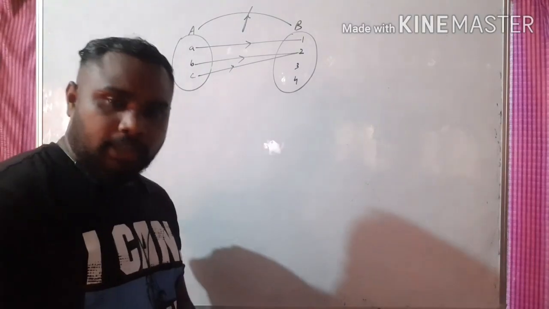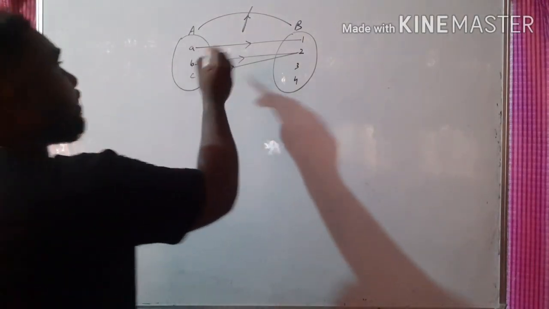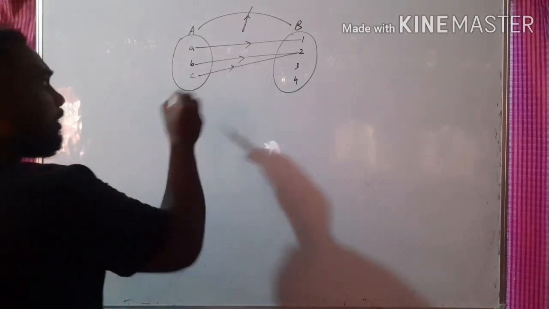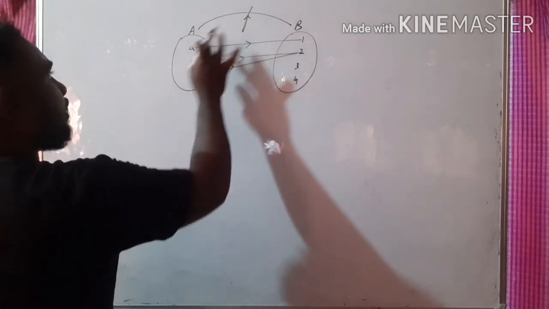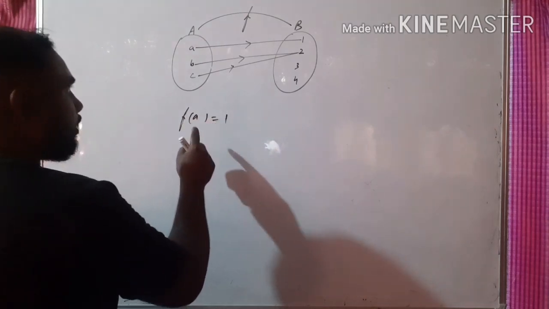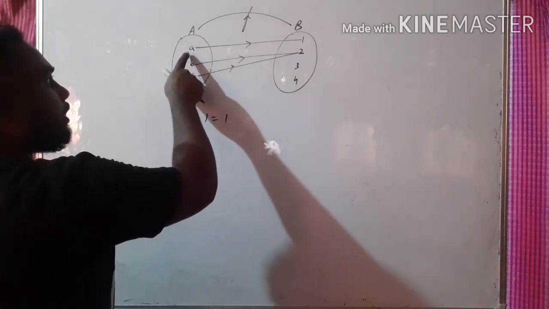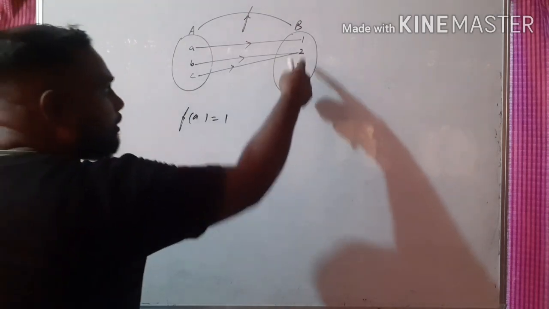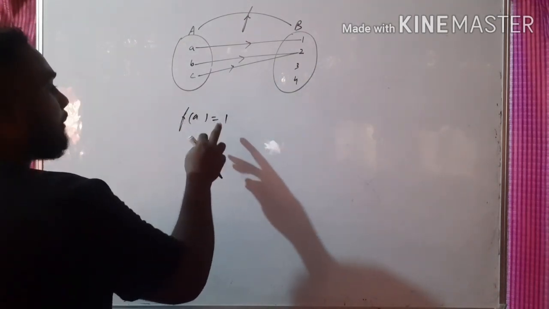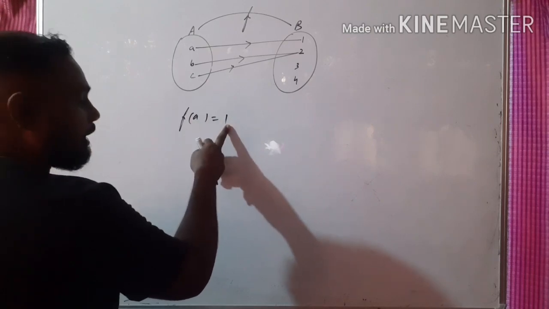Also, if I take a function like this, okay, f is going from A to B, and it's a function, then we can write like this: f of a is equal to 1. Okay, this is the pre-image set, this is the image set, isn't it? So the image of a is 1, like that.